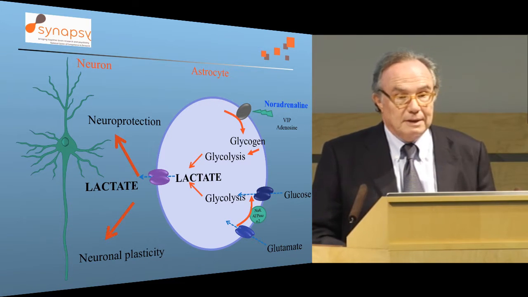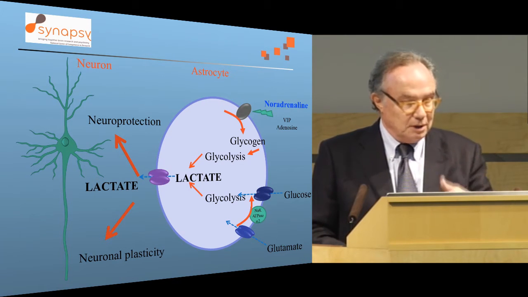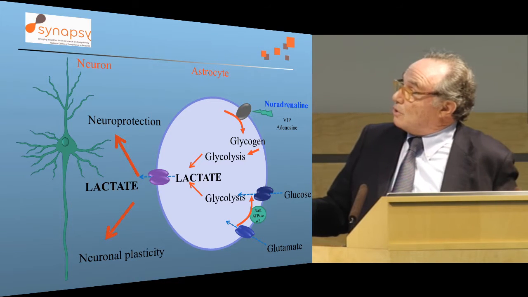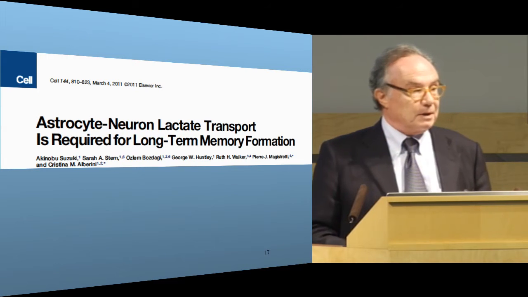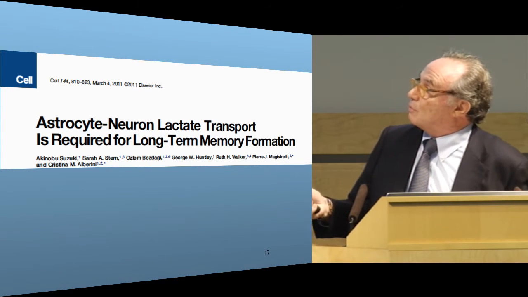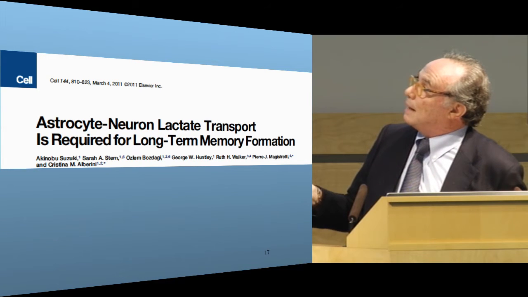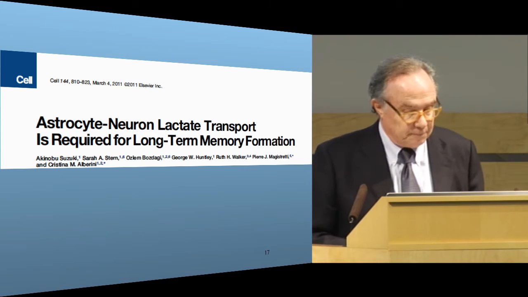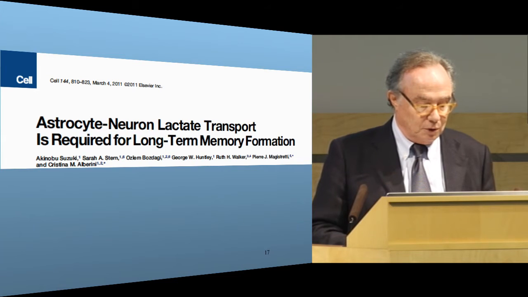Now, more recently, in collaboration with Christina Alberini, who was the first speaker this morning, it turns out that lactate is not only an energy substrate, but it is also a signal. Three to four years ago, we published this paper showing that astrocyte-neuron lactate transport is required for long-term memory formation. And Christina will elaborate on this and other aspects of her work.